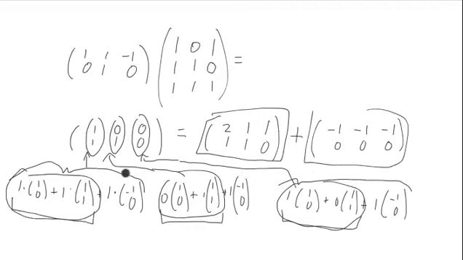The first two parts of each linear combination come from the first two columns, and the scalars associated with those columns are right here. And then the last column has these scalars associated with it. If I labeled this as an A and a B, and this as a C and a D, then the result would be simply AC plus BD.